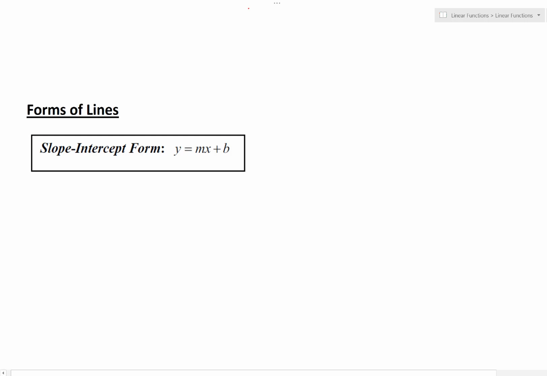One is called the slope-intercept form of a line. That's this form right here, mx plus b. So that's the same form that we've been looking at. And when you write it in function notation, say f of x, that's our standard notation. We call it slope-intercept because when we write it that way, the m is sitting right in front of us, right? That's our slope.